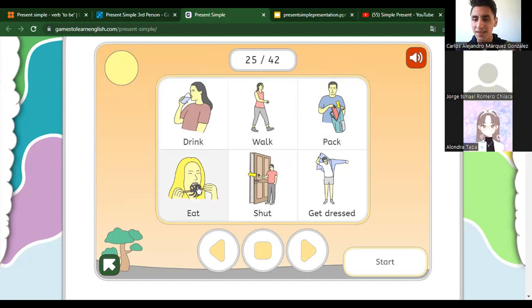What do you think is the meaning in Spanish? Comer, that's right. Okay, what about this one? Shut. It's pronounced shut. Do you have any idea, guys? Cerrar.